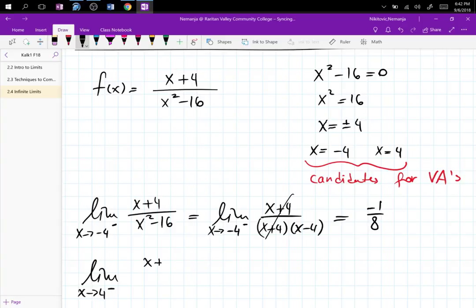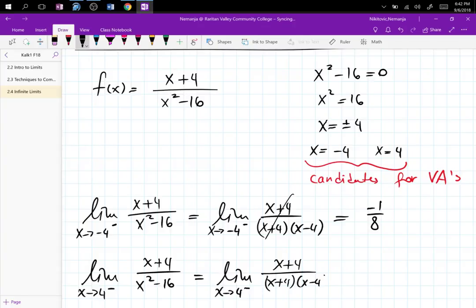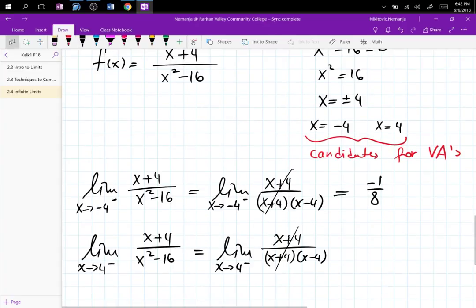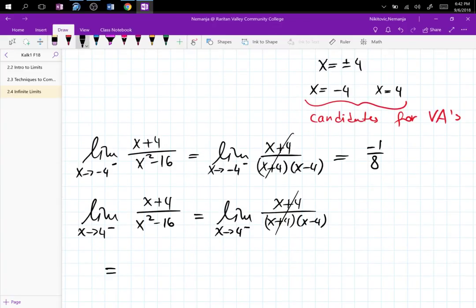And we still have x plus 4 over x squared minus 16. Factor, cancel. And we get to the statement which gives us 0 in the denominator.